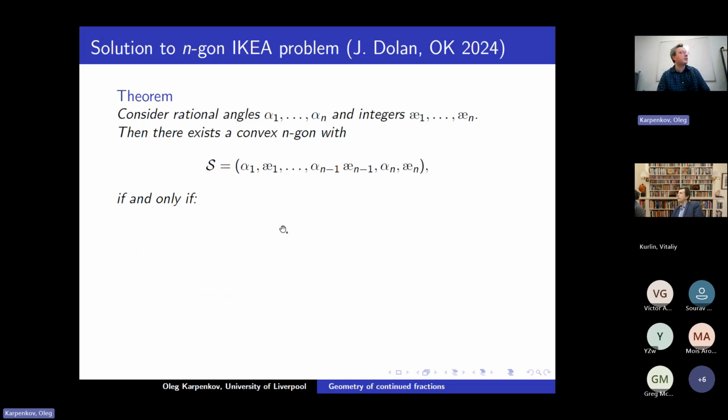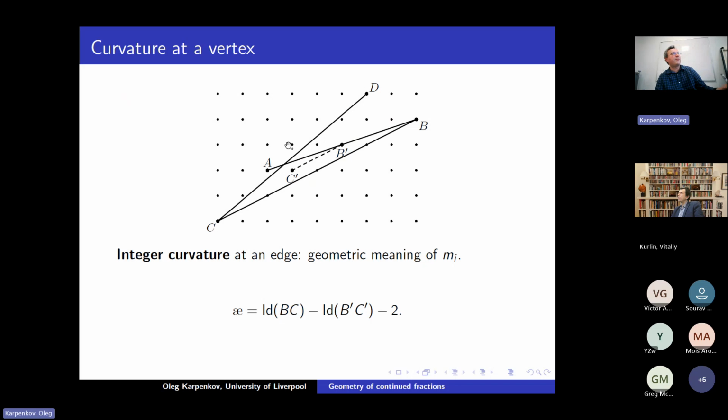This integer curvature, the curvature of a broken line at the edge, computed with respect to neighboring edges. A straight line will have no curvature, right? So that's a new notion that we introduced a couple of years ago.